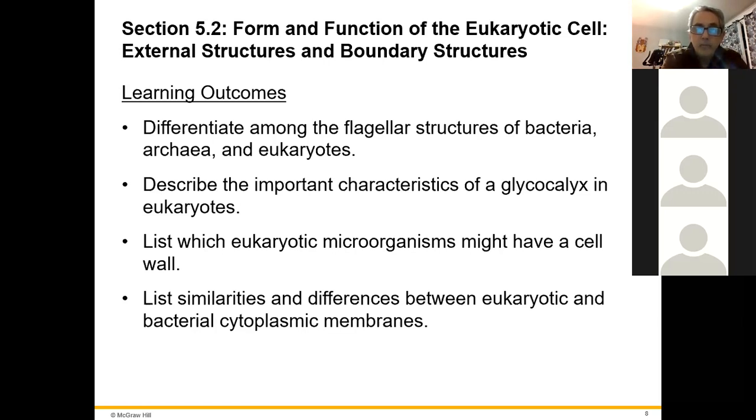Remember, in bacteria, they have capsules, or one type of capsule. It's made of sugars in bacteria, but there's a different one in eukaryotes. There are some eukaryotes that have cell walls.